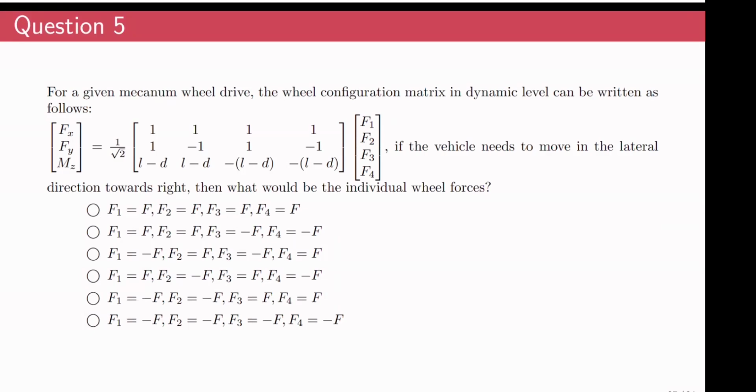Right? So if we have a mobile robot base like this, and if these are the body fixed frame of reference, XB and YB, and we expect the robot to move in the lateral direction towards right. So this is the lateral direction.